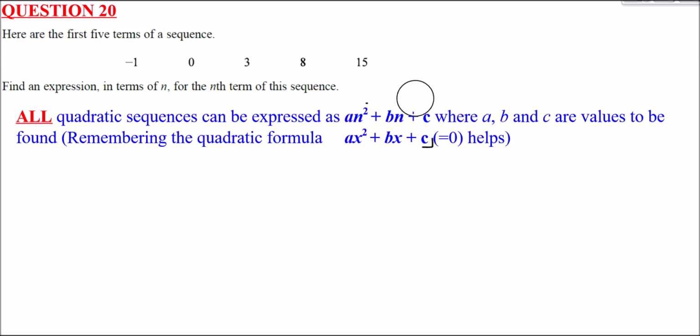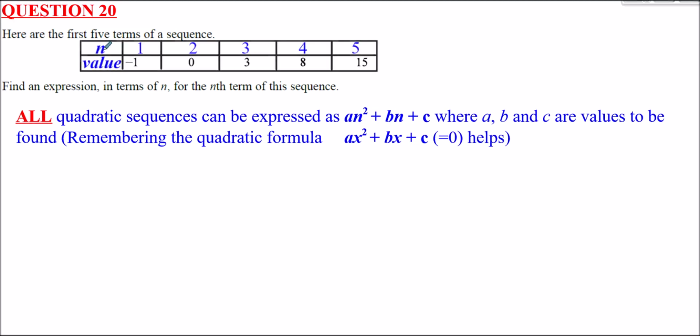So with that in mind, all we need to do is actually think about the first 3 terms. So the first term is minus 1, the second term is 0, the third term is 3. So all we need to focus in on is just, after doing a table of the term number and the term values, we just focus on the first 3 values, minus 1, 0, and 3.